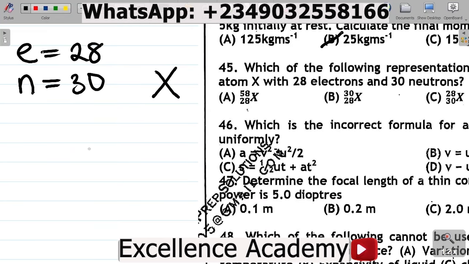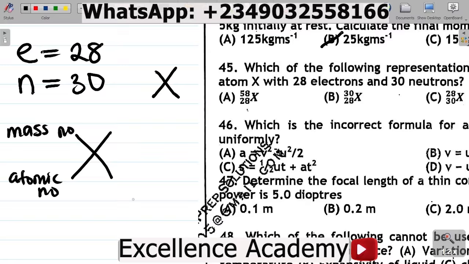A nuclide symbol of an element X is the symbol of that element showing its atomic number, which I'll put here, and then the mass number here. You want to know that atomic number is equal to number of protons.